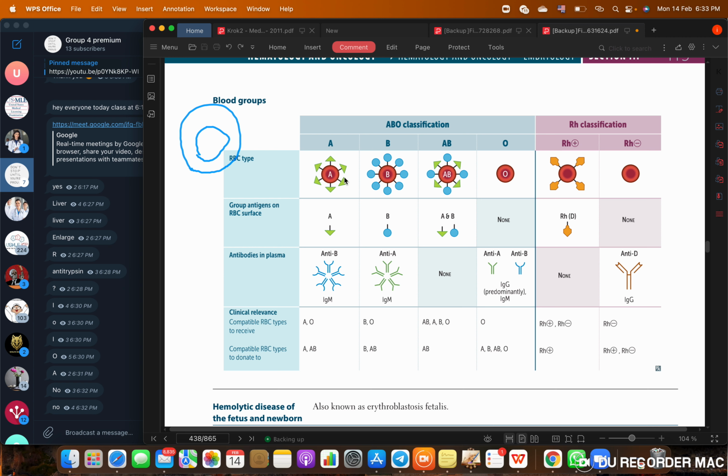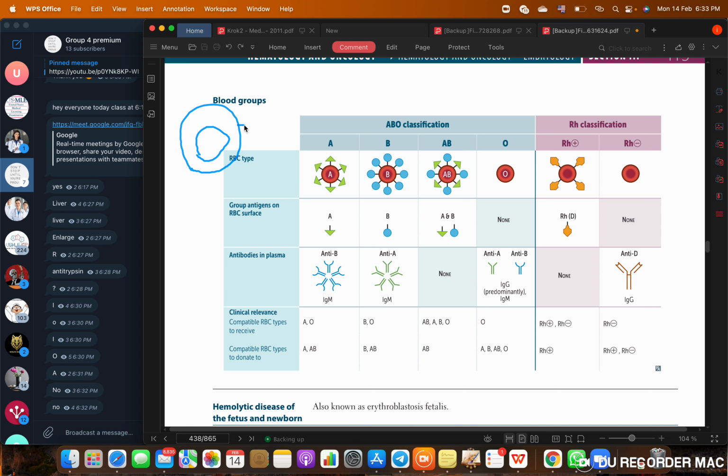What I want you to know is that the blood groups are kind of like, if you remember when we spoke about presentation of antigen, it's kind of the same thing. For example, if a patient has blood group A, what does that mean?